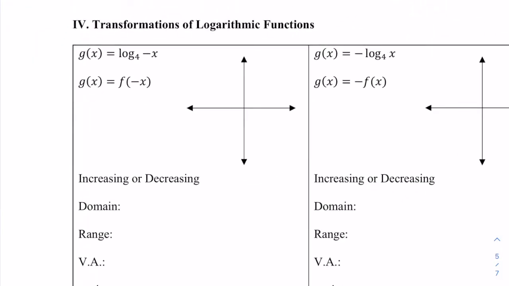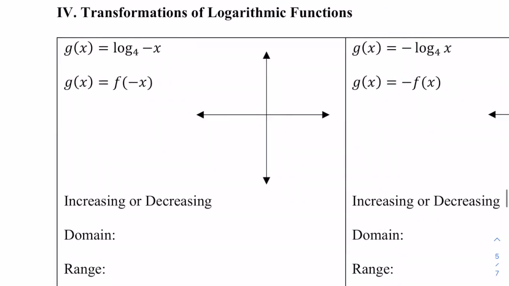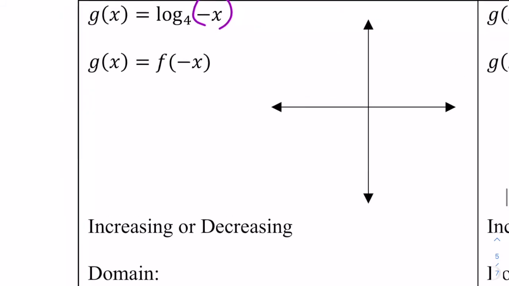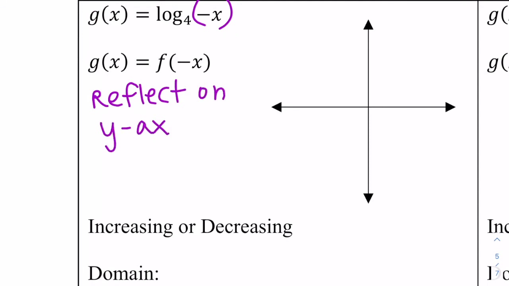When we have log base 4 of negative x, so it's really almost like that. This is going to be a reflection on the y-axis. So the function is going to be going down here.